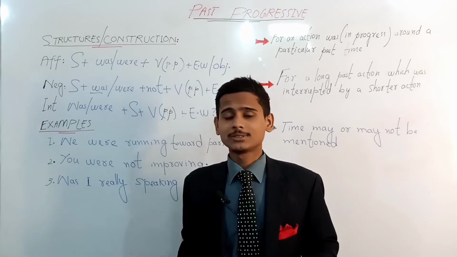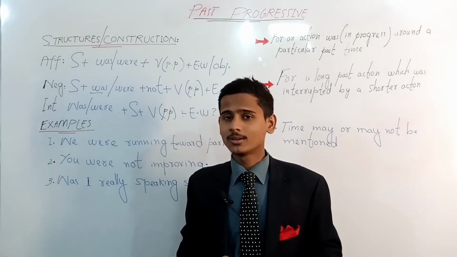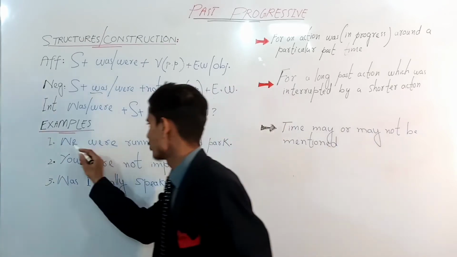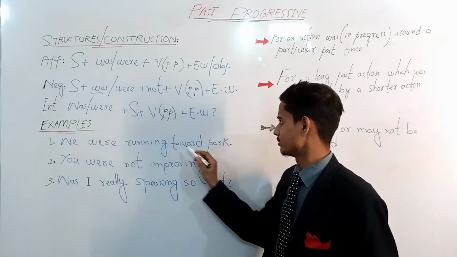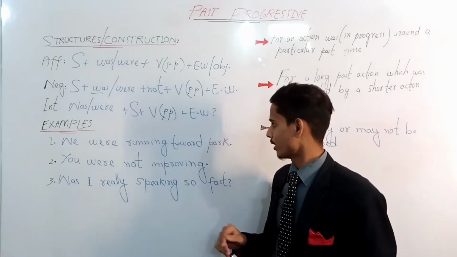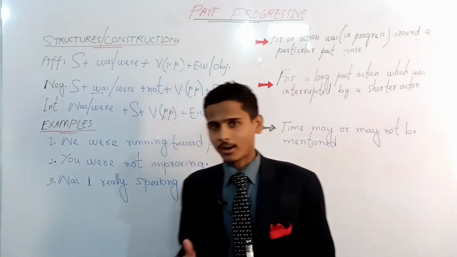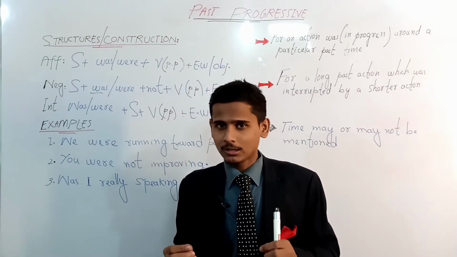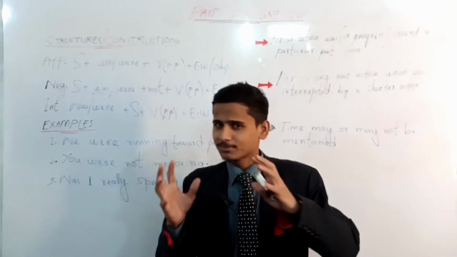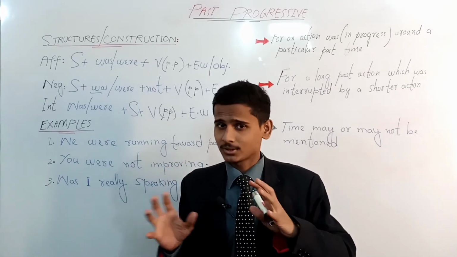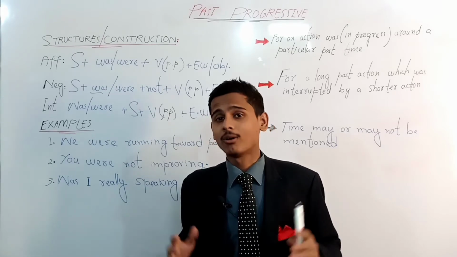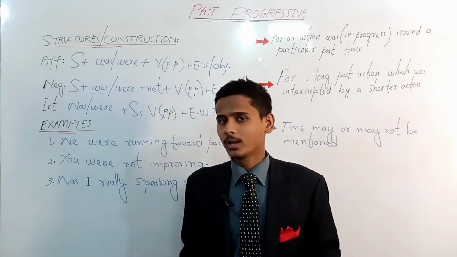Now let's look at some example sentences with the past continuous or progressive tense category. The first one: we were running towards the park. Make sure not to get confused. It means that in the past, around some specific moment, I have not mentioned the time, and I'll tell you the reason why.